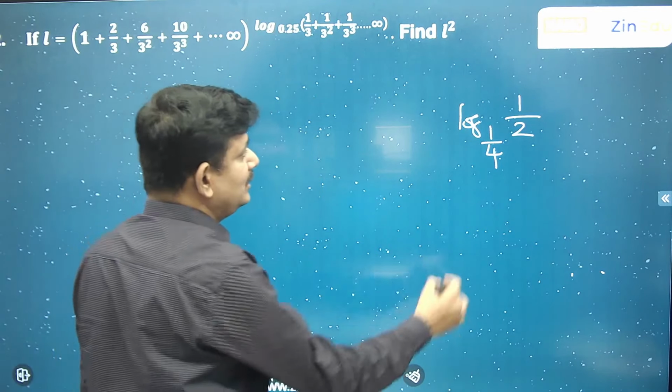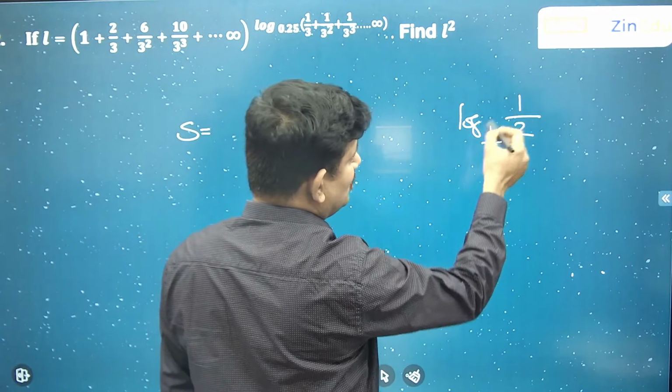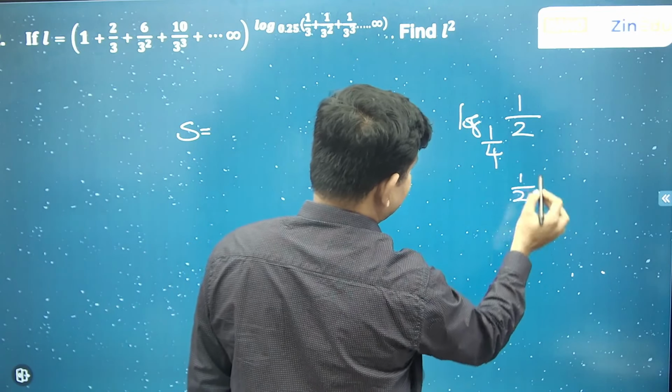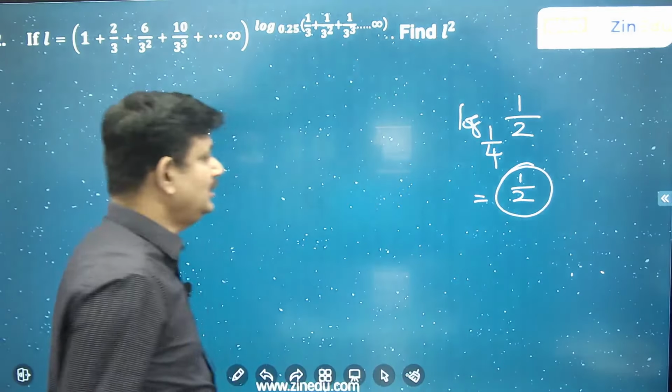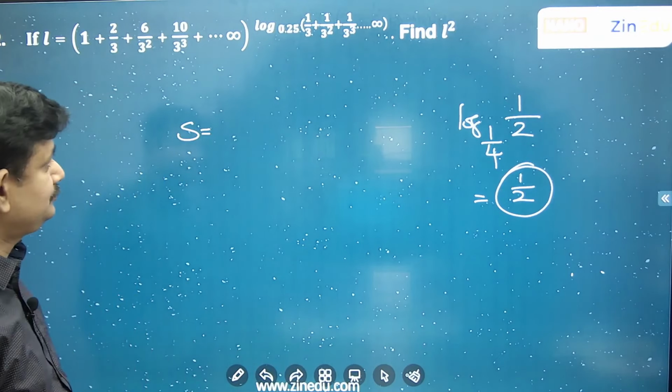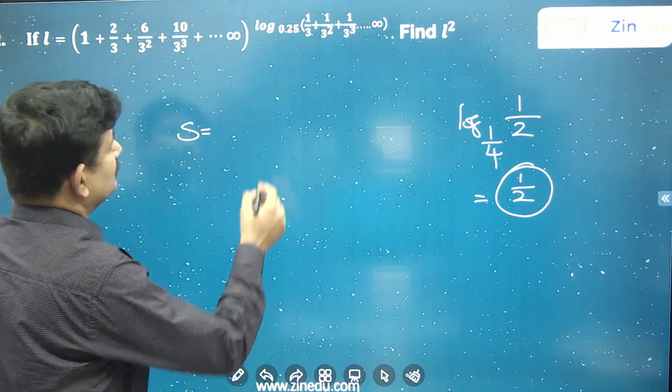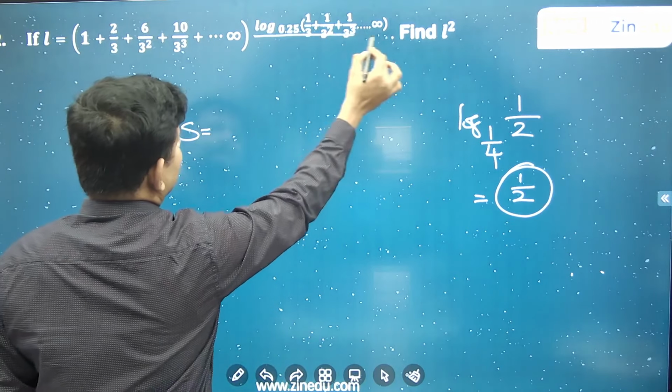How much will it be? It is the same as log 2 to the base 4, which is 1/2. So the power is 1/2.